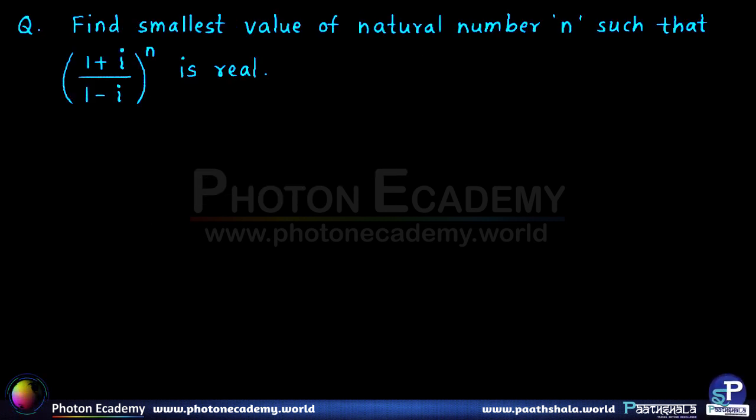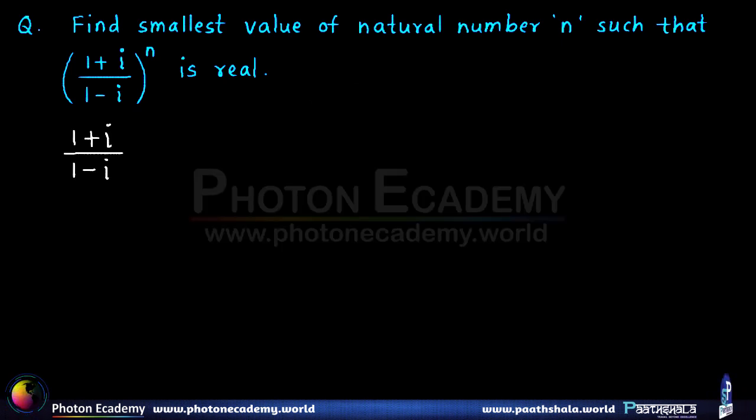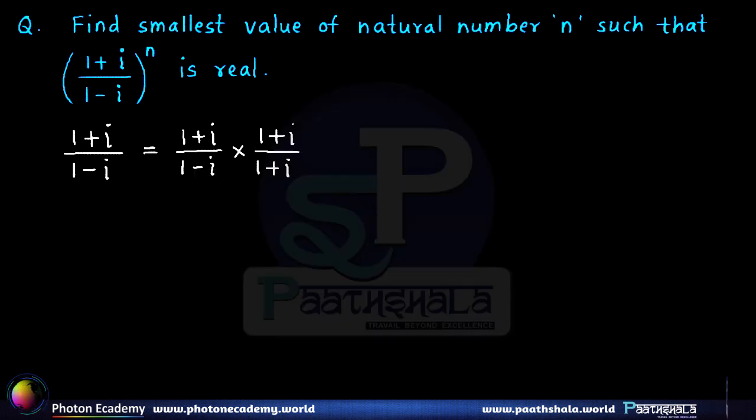Find the smallest value of natural number n such that (1 plus i upon 1 minus i) whole raised to n is real. Now here first of all let us simplify the expression which is inside the bracket. So 1 plus i upon 1 minus i is equal to, as we know, we have to do the multiplication by the conjugate of the denominator, which is nothing but 1 plus i itself, because we have to make the denominator completely real.